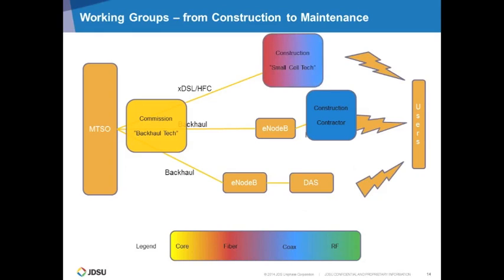But as things evolve, you're now starting to see, in small cells, the introduction of fiber. So the small cell tech now has responsibility not only for the coax, but also for the fiber that they're deploying.